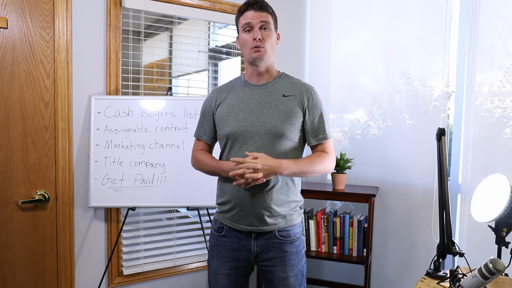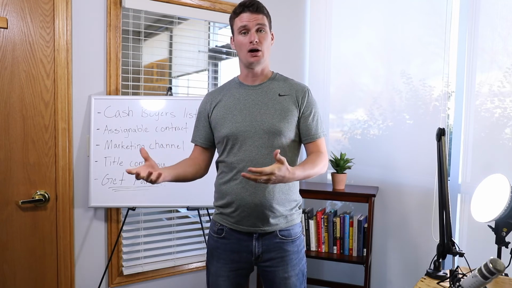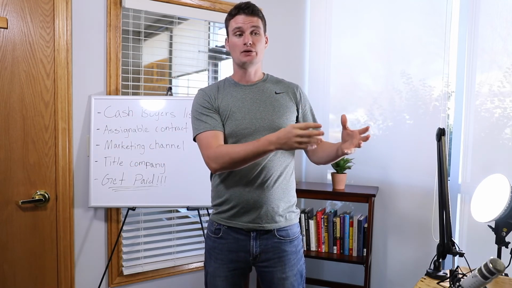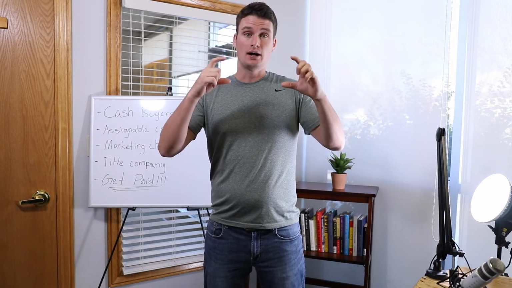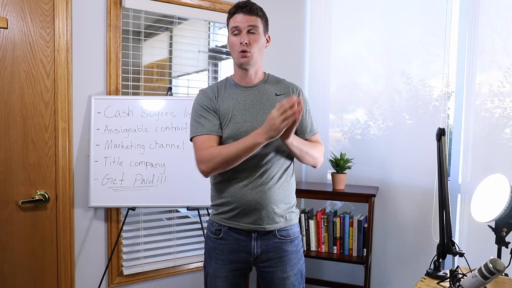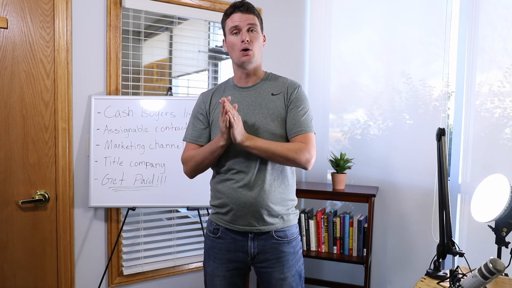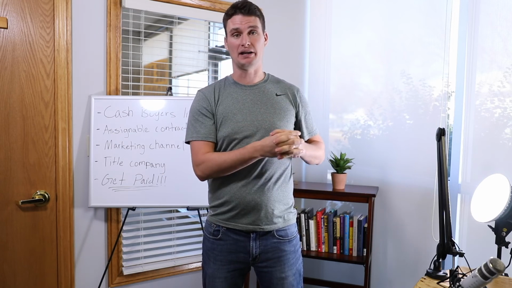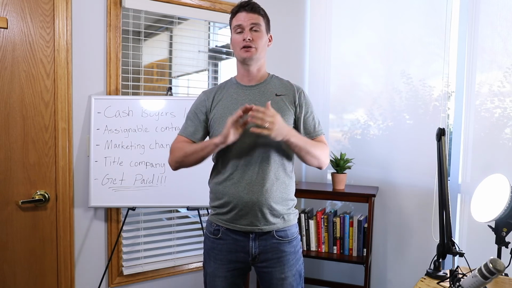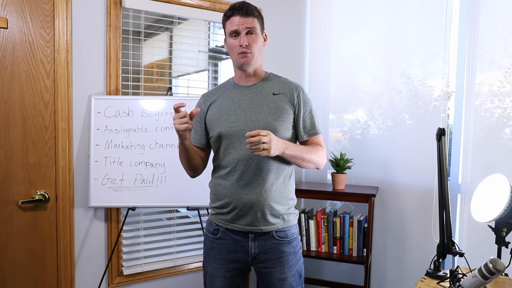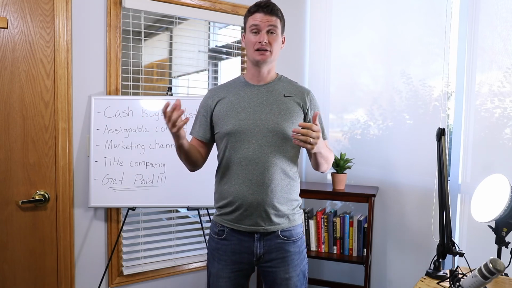You will, however, want to put earnest money down on a contract. So when you send the purchase agreement to the title company, usually you have to have an amount of money that you give to the title company that they hold, or that you give to the seller that they hold, which makes the contract legally binding, that they're agreeing to sell to you and you're agreeing to buy it from them. And so you may want to have $100.